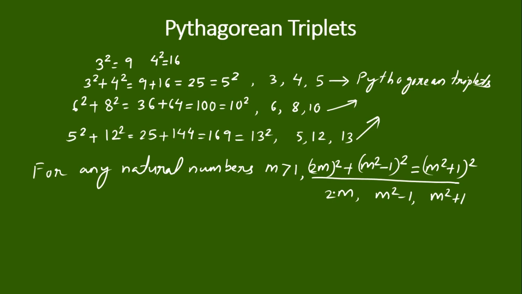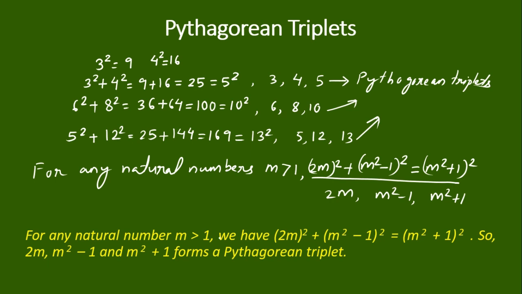Again I am repeating, for a natural number m which is greater than 1, if (2m) square plus (m square minus 1) whole square is equal to (m square plus 1) whole square, then 2m, m square minus 1, m square plus 1 will be termed as Pythagorean triplets. So that is what is written over here. This is the definition of Pythagorean triplets.